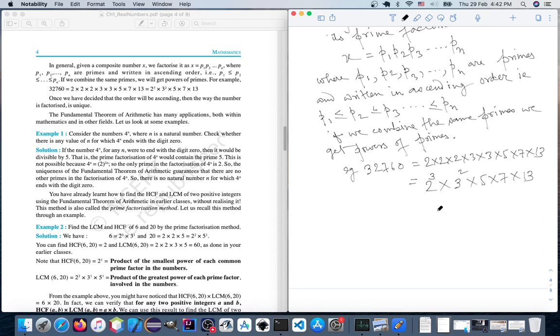Once we have decided that the order will be ascending, the way the number is factorized is unique.